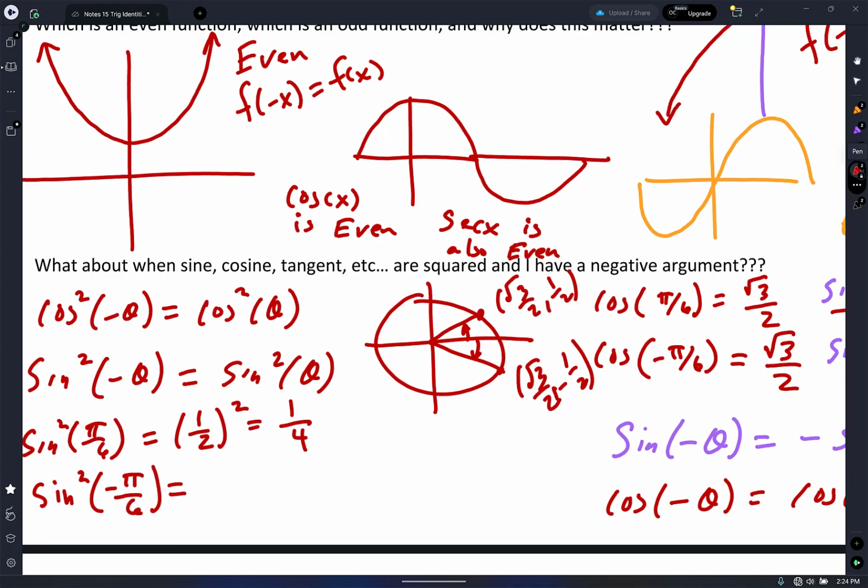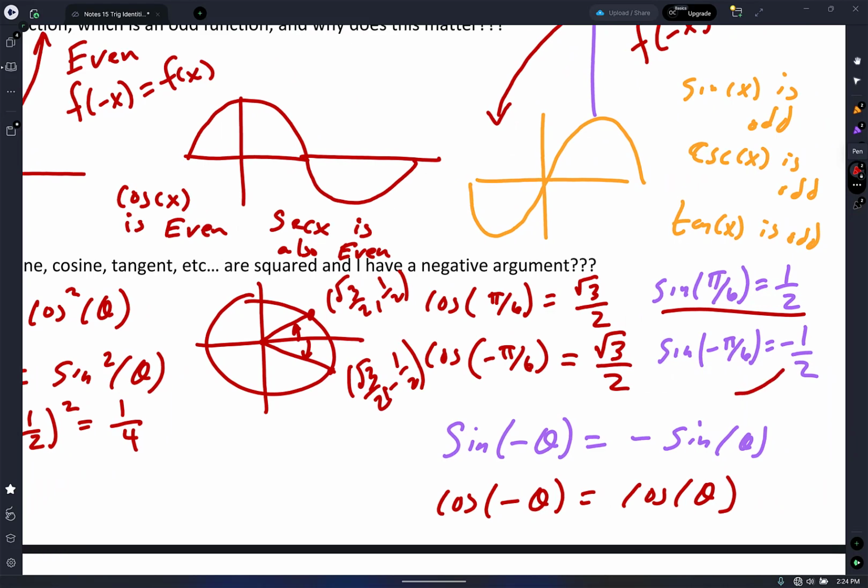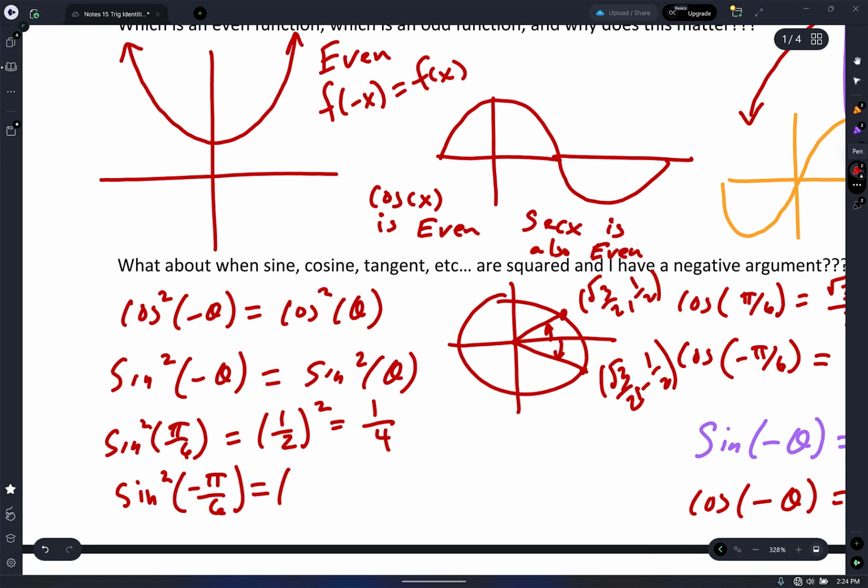And I'm going to slow down. Notice on the side, I wrote that sine of negative pi over 6 was what? Negative half. So that means I put a negative half on the inside, and I'm squaring it. When I square that negative half, do you get the same value as 1/4? Yes. So when you square it, you don't care about the negative argument.